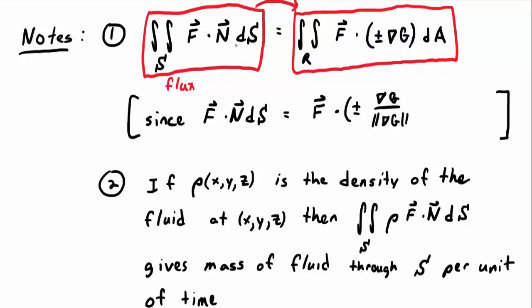If you look at the dS part of it, then you remember what that was in terms of the square root dA? It was the square root of 1 plus g sub x squared plus g sub y squared. But that's exactly what the magnitude of del G turns out to be, okay? So that's where this calculation formula, these guys cancel, and that's where this calculation formula comes from.